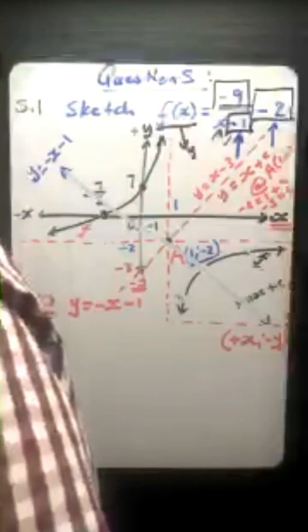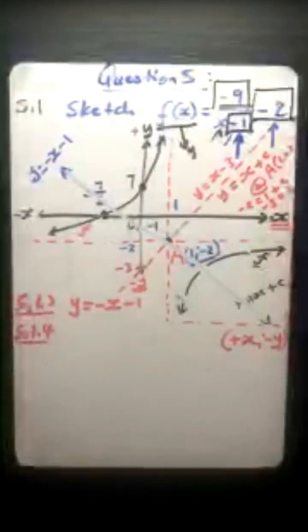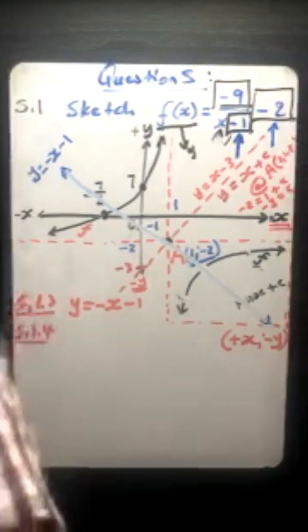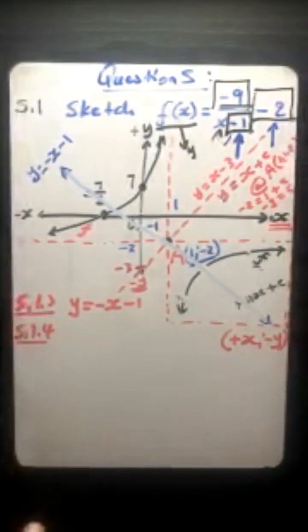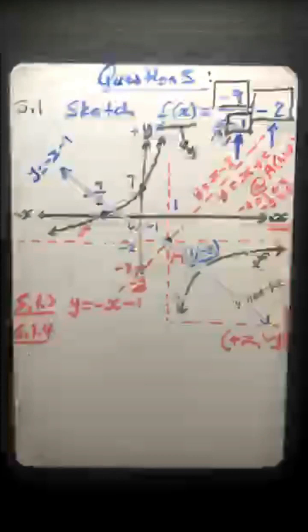Okay, I get the point that the closest point to A is B, it's 2, but it's on the line that cuts the graph into 2, isn't it? Yes.